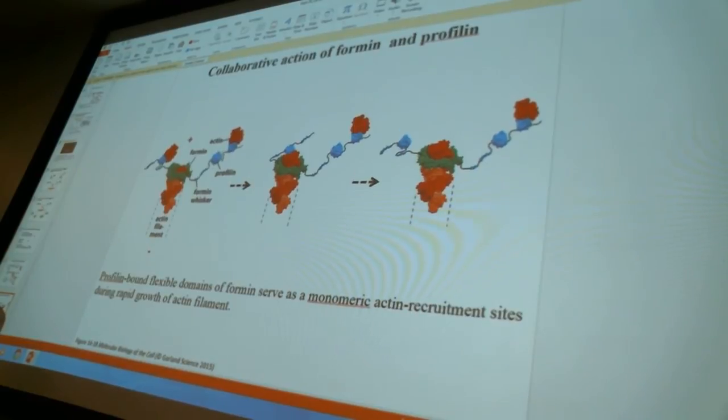We don't see the Rho GTPase domain interactions somewhere here, but what we can see is profilins, which are associated with this formin whisker, and also some of them actually recruiting actins, and basically this structure is sitting and kind of putting actins on the top of the head.